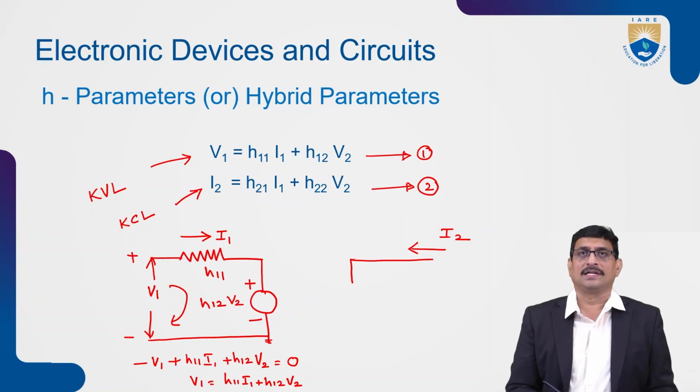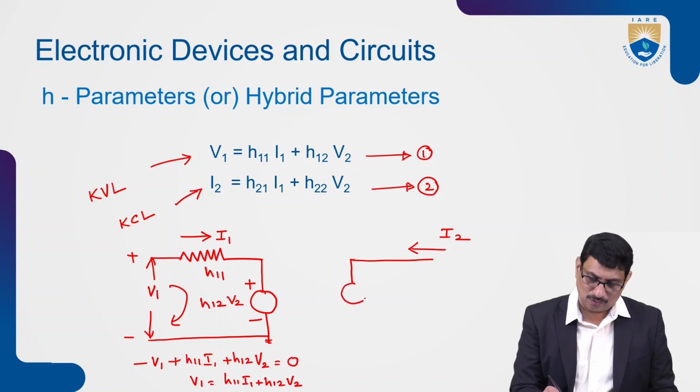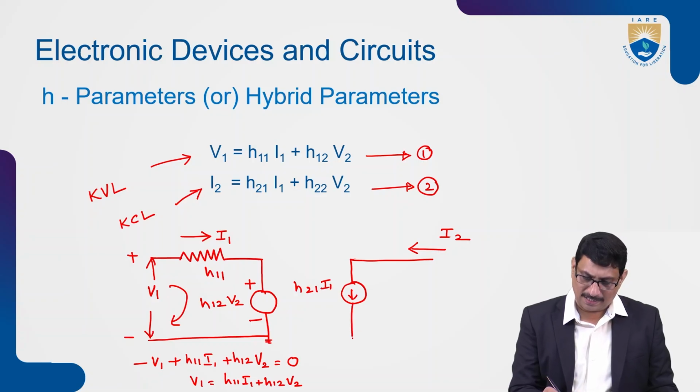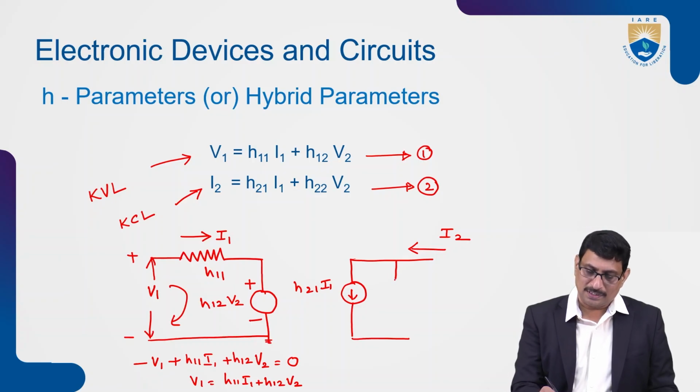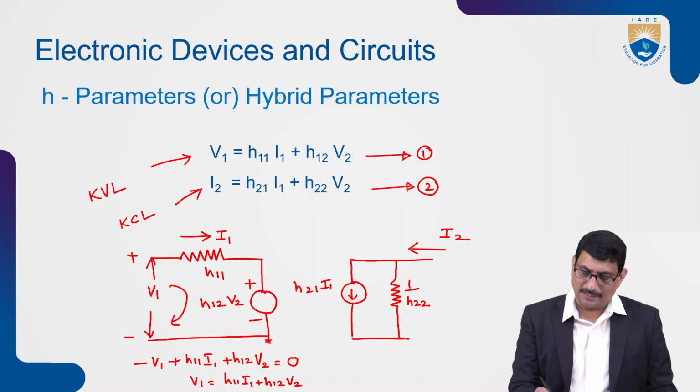H21 is a ratio, again dimensionless, multiplied by the current, which means it is a current source. So I am calling it H21 I1. Another branch is H22 multiplied by V2. H22 is nothing but the output admittance. Therefore, I will write this as 1 divided by H22, and there is a voltage drop of V2. So I will take the output voltage as V2 like this.